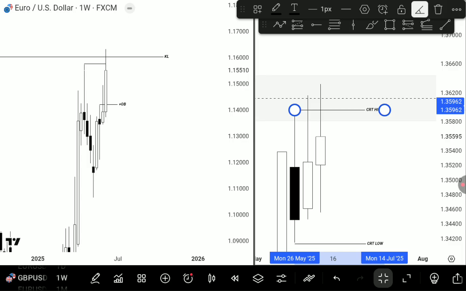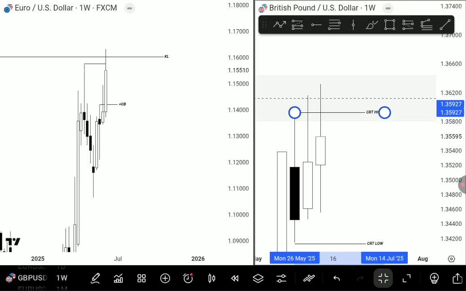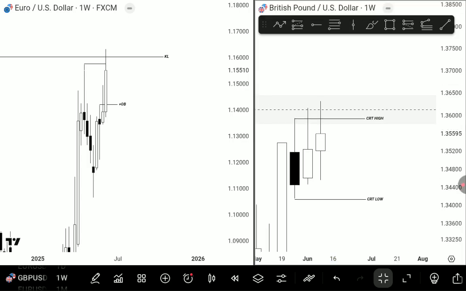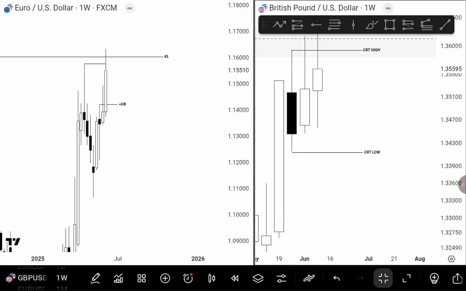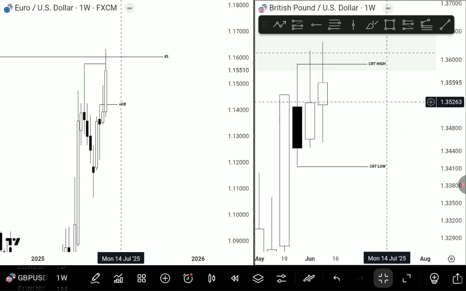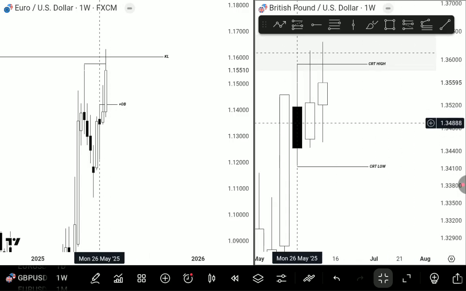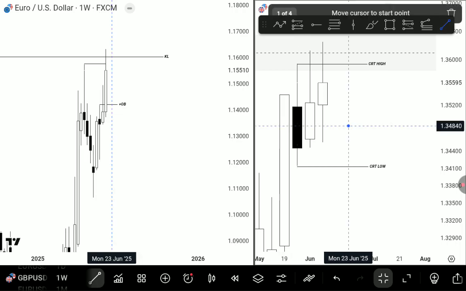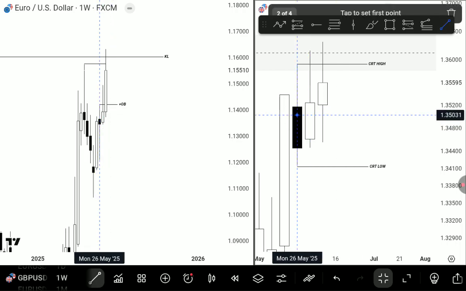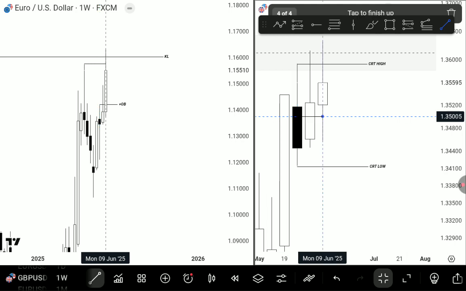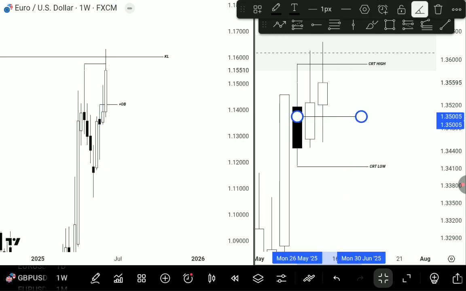So this CRT suggests the same context of draw of liquidity, right? I still also expect GU to see price in the following week reach at least the 50% of this candle range, right?